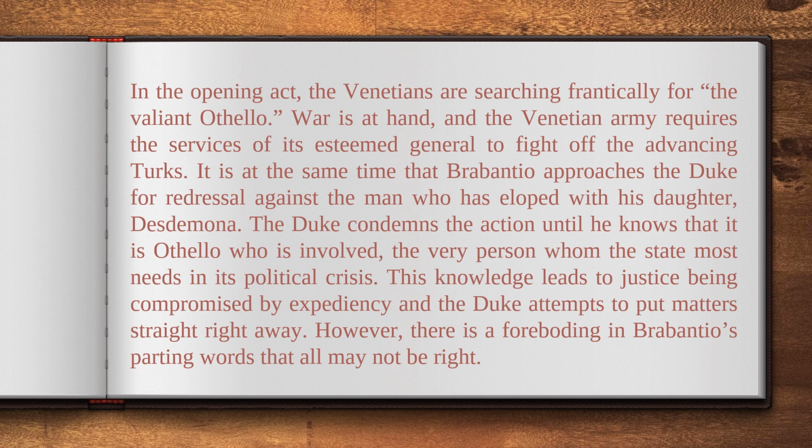The Duke condemns the action until he knows that it is Othello who is involved, the very person whom the state most needs in its political crisis. This knowledge leads to justice being compromised by expediency, and the Duke attempts to put matters straight right away. However, there is a foreboding in Brabantio's parting words that all may not be right.